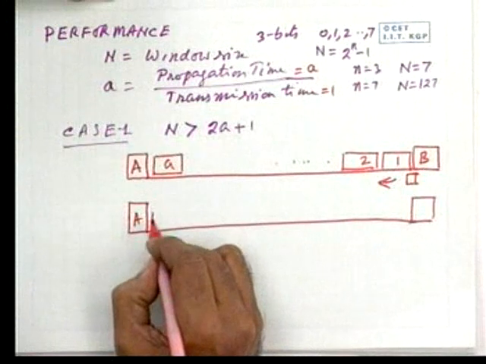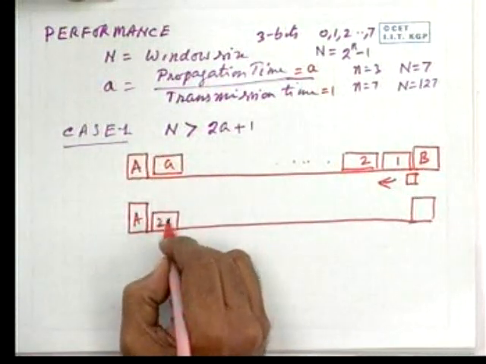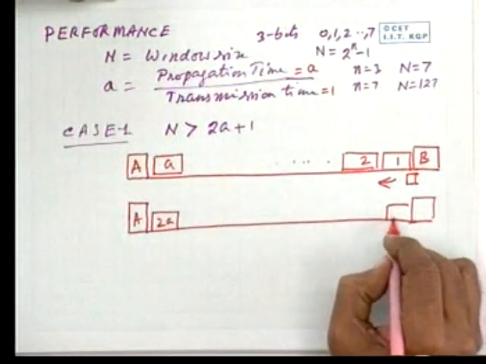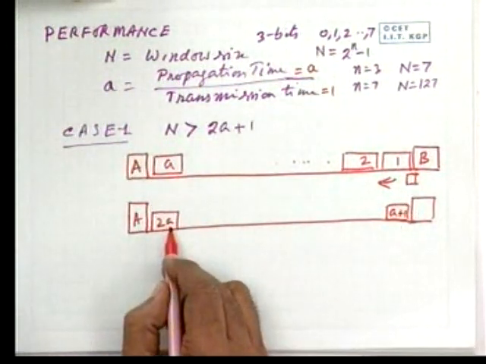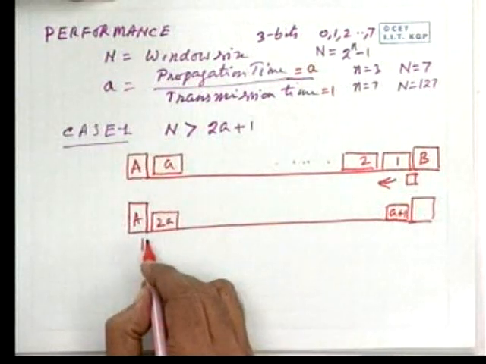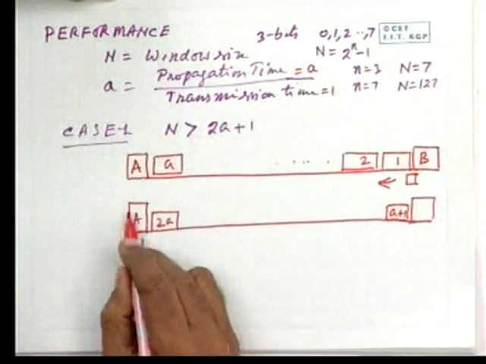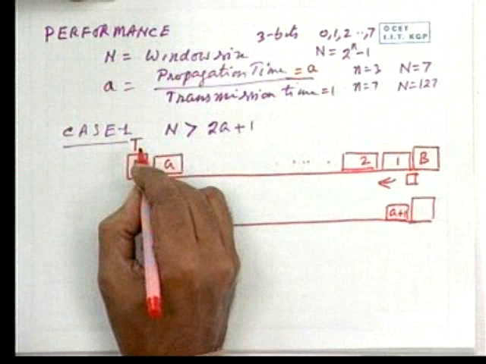And by the time 2A frames are sent, that means here it will be A plus 1 and here it is 2A, then the acknowledgement frame will reach the station, that means the transmitter.